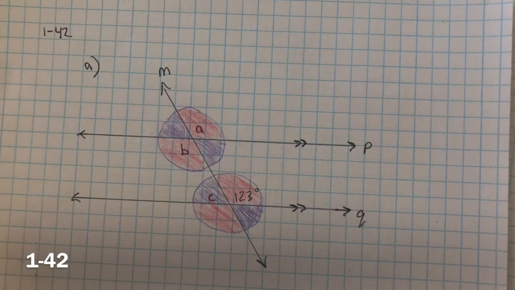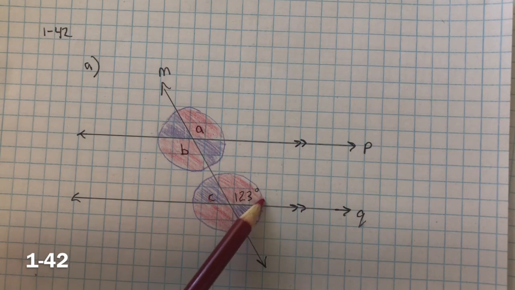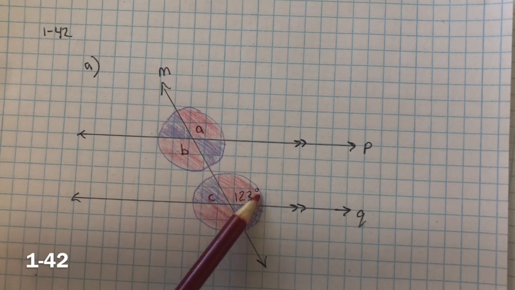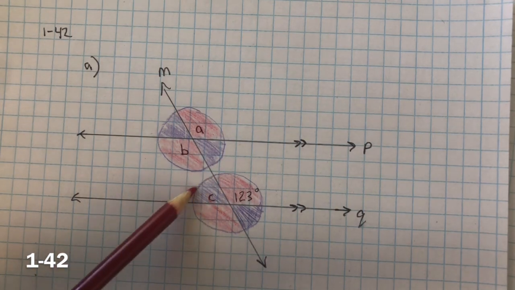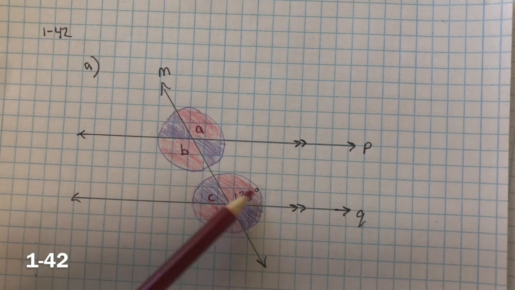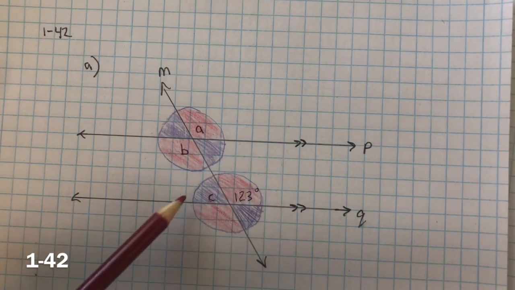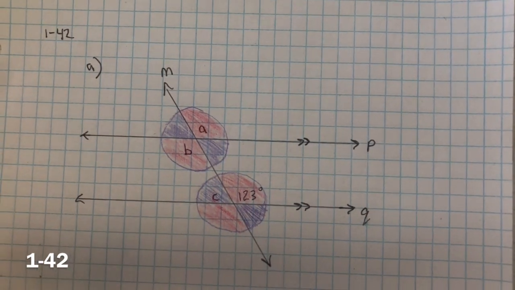For C, we know that the measure of this red angle and the measure of angle C add up to 180 degrees, a straight angle. All lines have a measure of 180 degrees.